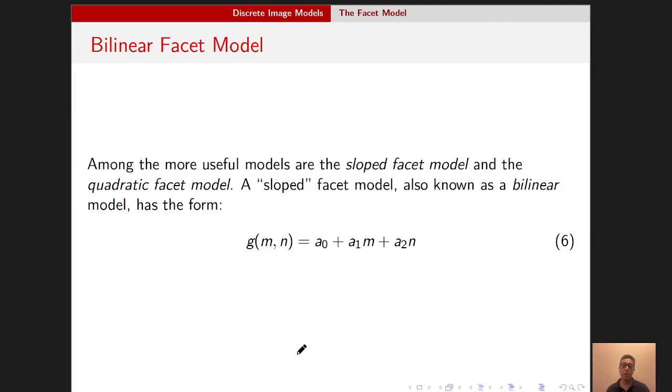In the bilinear facet model, we make a very strong assumption, which is that in a local neighborhood, let's just say that this equation corresponds to the rate of change of intensity. By the way, we've got an image f as a function of m and n, and this is our actual image.